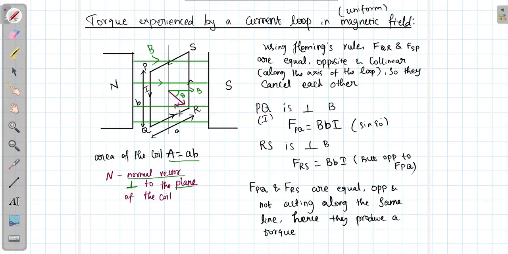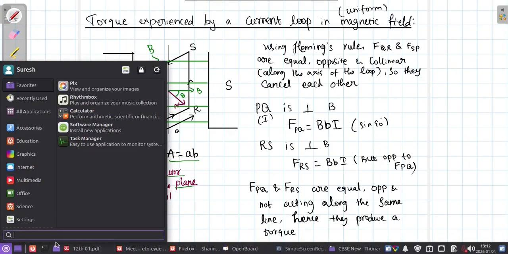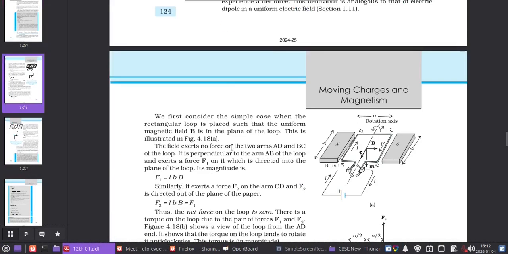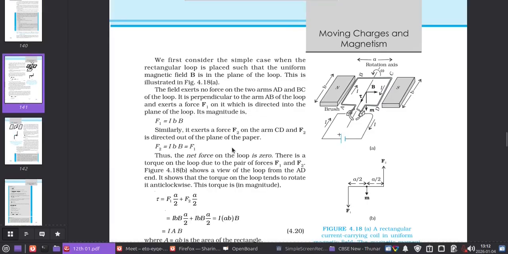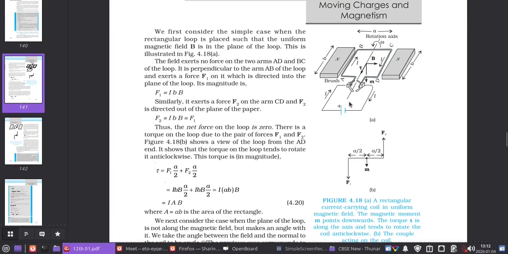Current in the downward direction must be outward. One minute, checking the text again. Maybe their representation is something different, to the plane.